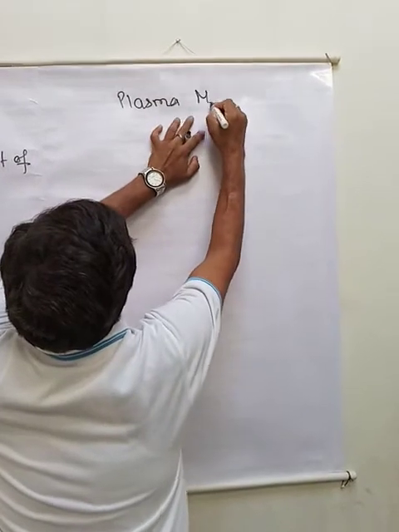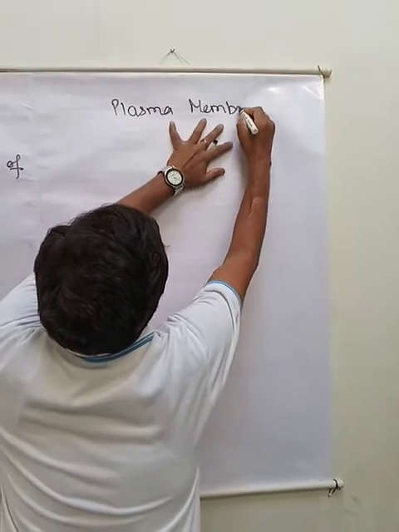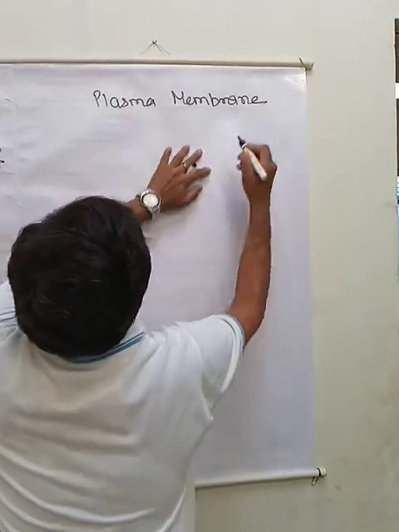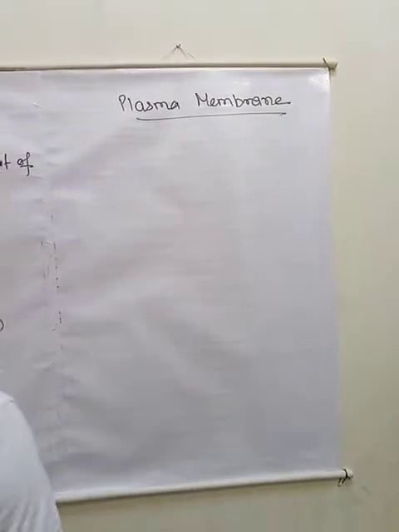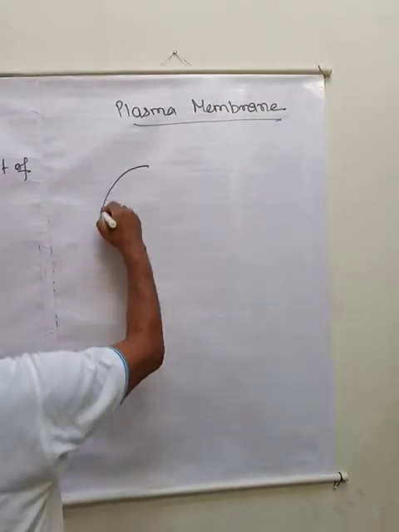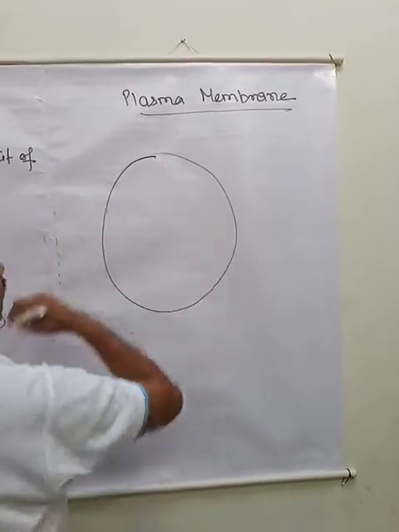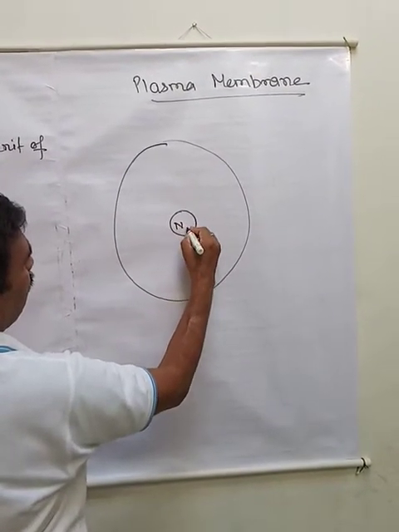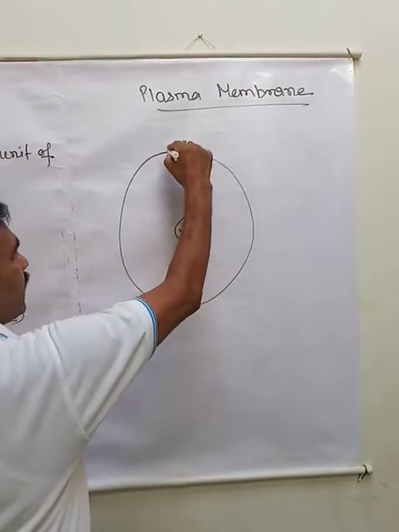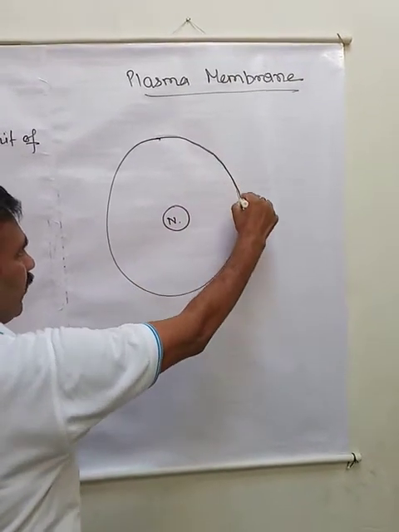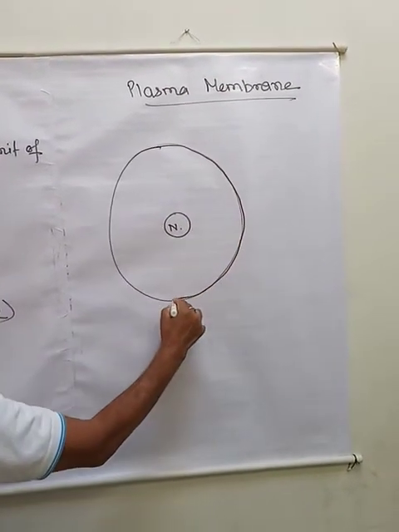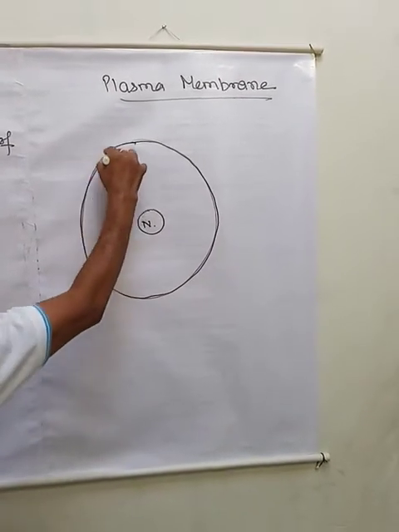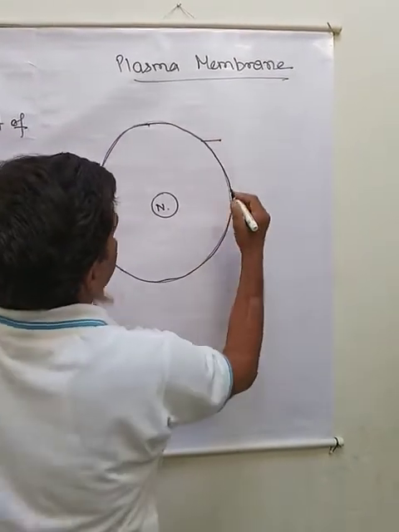Now suppose this is a cell, correct? And this is the nucleus of the cell. So this outer covering, this membrane, is called the plasma membrane or the cell membrane.